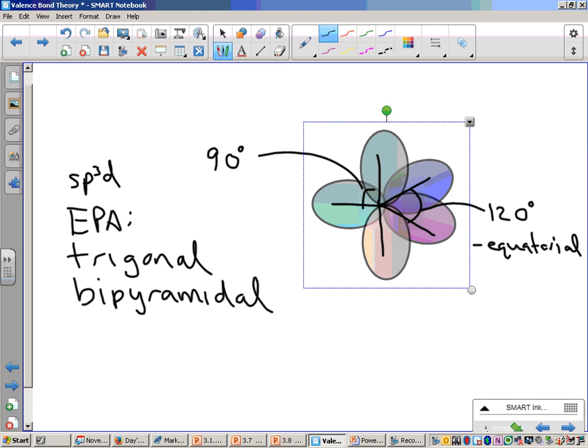Trigonal bipyramidal. 2 triangular-based pyramids sandwiched together. 120 degrees between each of the adjacent equatorial orbitals and 90 degrees between the polar orbital and an equatorial orbital. Okay, that's pretty exciting stuff. So that's what we get if we have 5 identical, well, they're not identical, but 5 orbitals. They're as identical as they can get. And we call that sp3d hybridization.